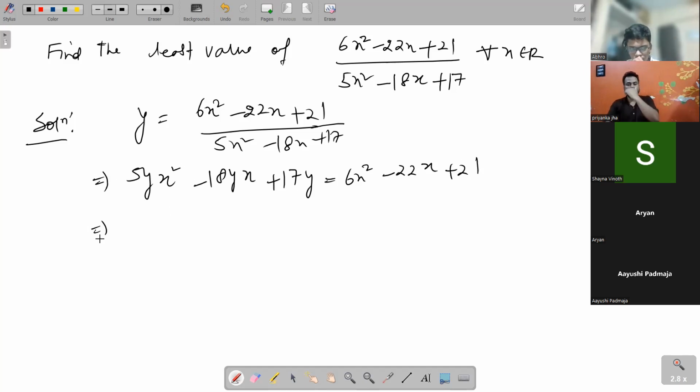Now bring the same terms together. Bring all the terms to one side, left or right. So this will be like this: minus 18y plus 22.